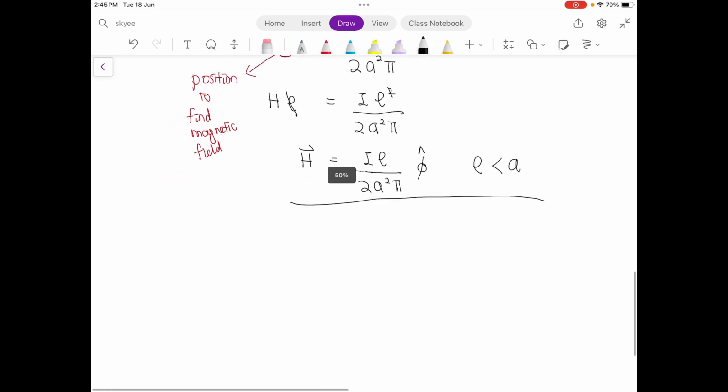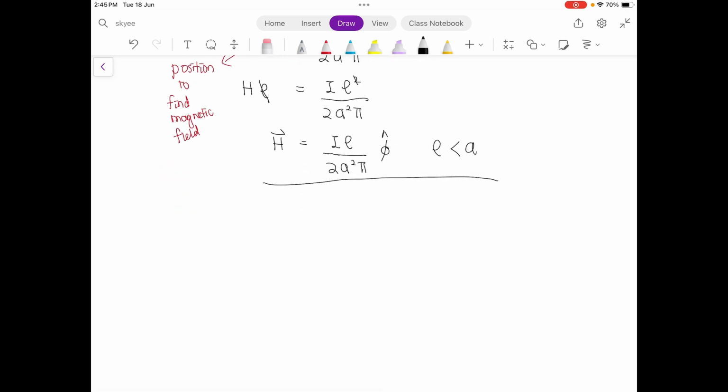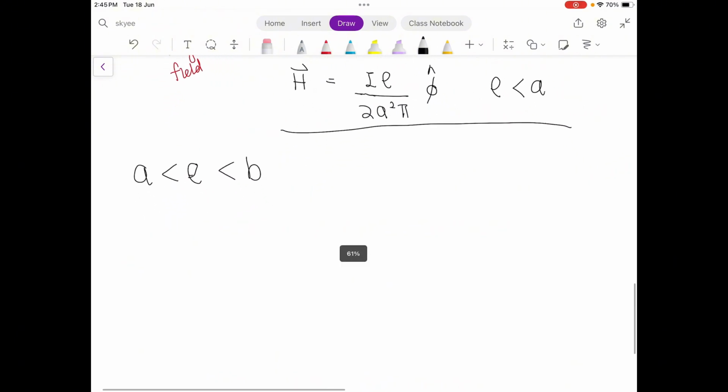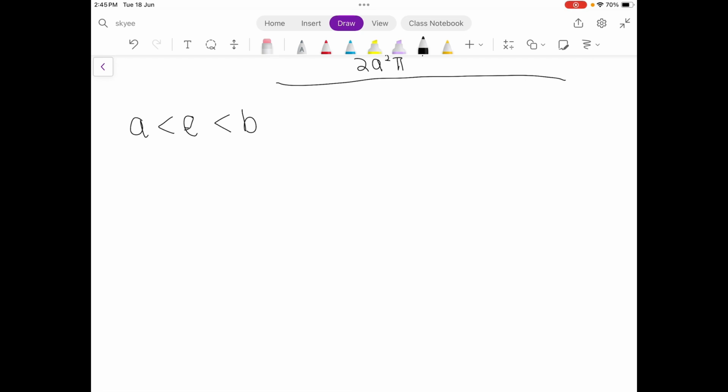We'll move on to the positions in between A and B. A is here, if you still remember the drawing, and B is here, and this is mu.